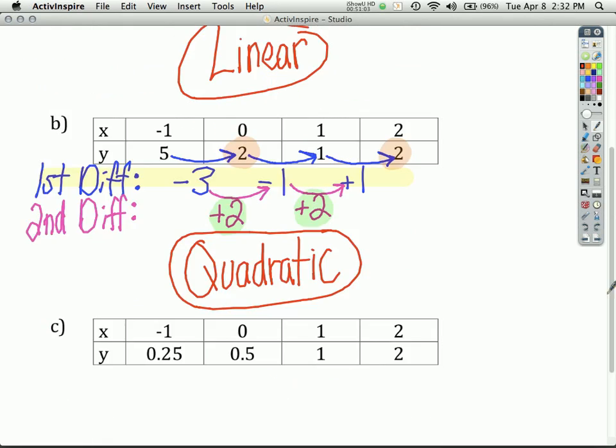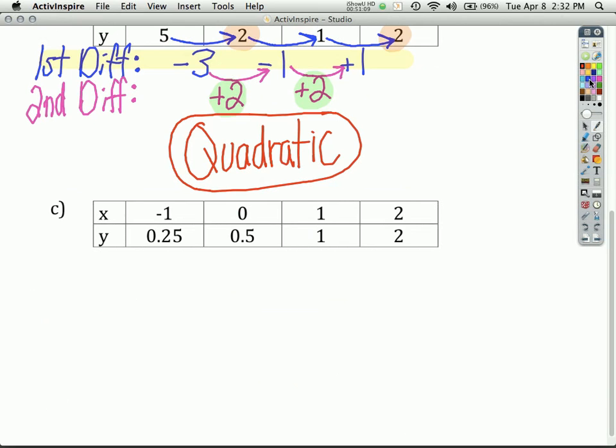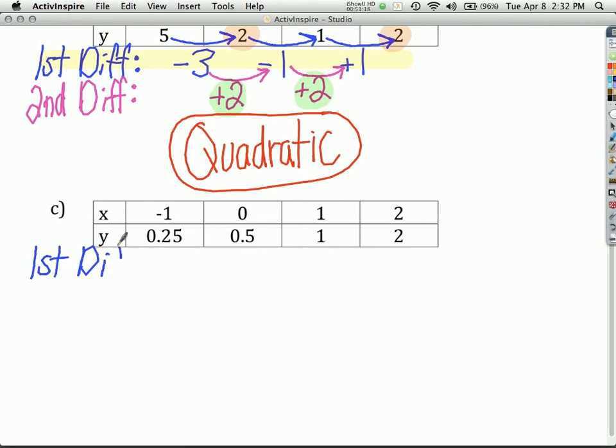Okay, so the last one we're going to explore. We're going to do the first test, the first differences. But I'll give you a second to copy the table. Don't waste your time making a perfect outlined table.